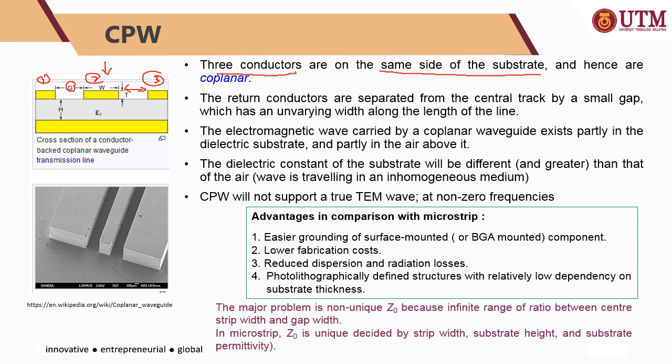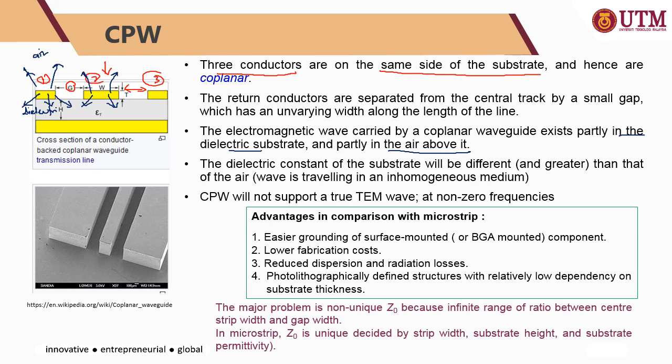And then the electromagnetic wave carried by a coplanar waveguide exists partly in the dielectric substrate and partly in the air above it. Okay, so the E field travels outward from the structure, in between two different dielectric constants or permittivities of different materials, in air and also in dielectric, just like the microstrip line.